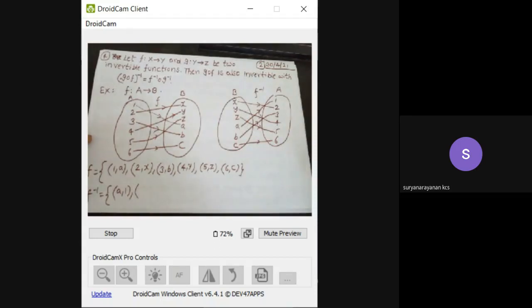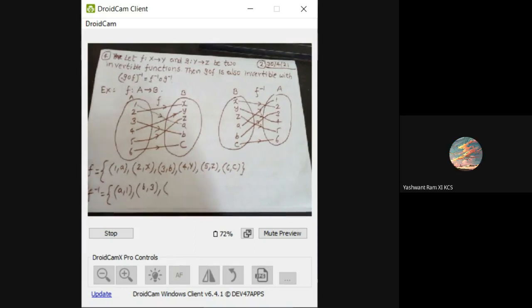Yashwantram, tell me the remaining ordered pairs in the F inverse. First ordered pair, B, 3, sir. B, 3.